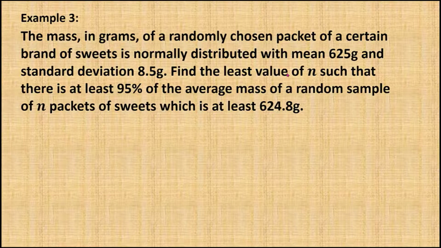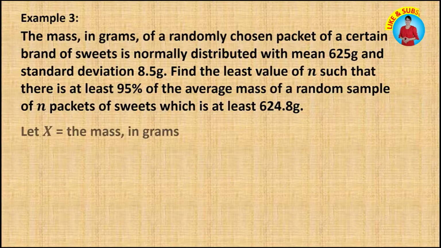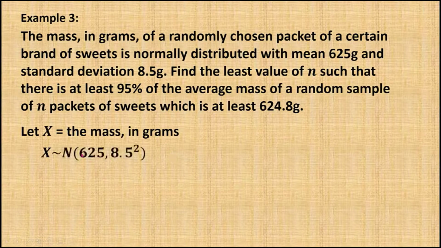Find the least value of n such that there is at least 95% chance that the average mass of a random sample of n packets of sweets is at least 625.8 gram. In this question, the random variable is the mass, and it is normally distributed with mean 625 and variance 8.5 squared.